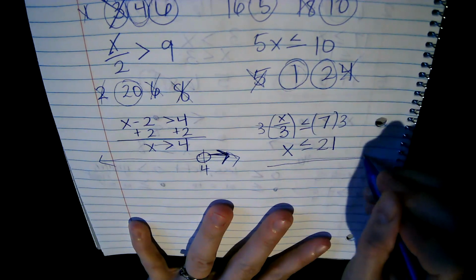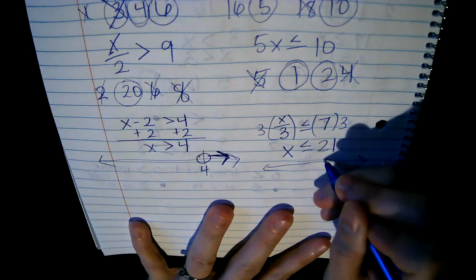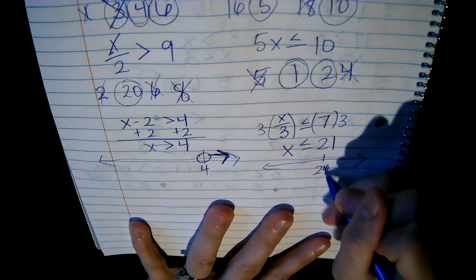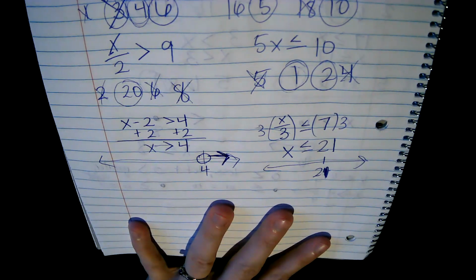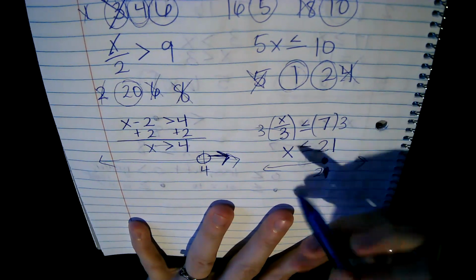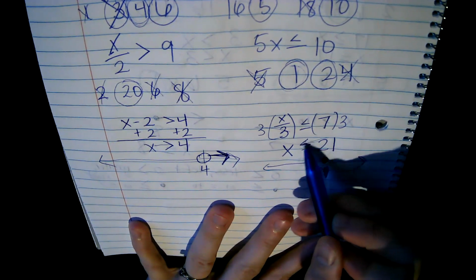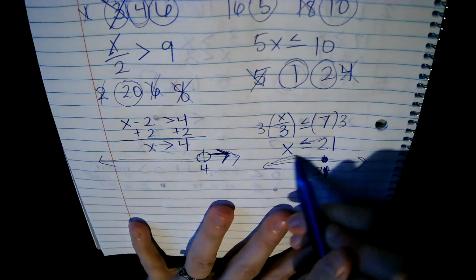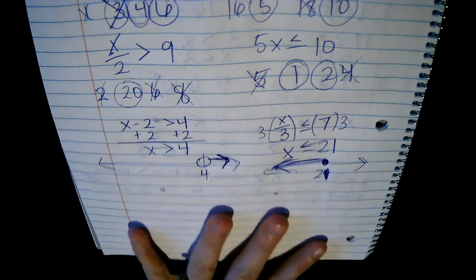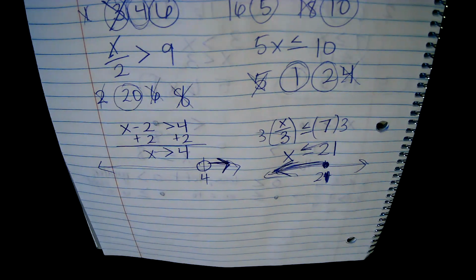Then you're going to find the 21 wherever it is. You're going to place a closed dot there because it's or equal to, right? And then your arrow is going to go just like that to the left because it's less than. That's how you would graph those.